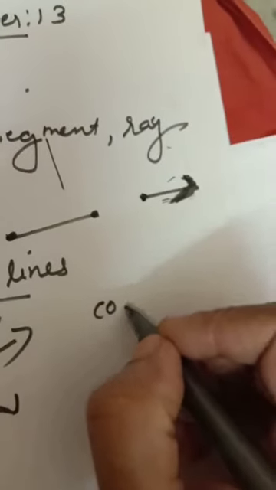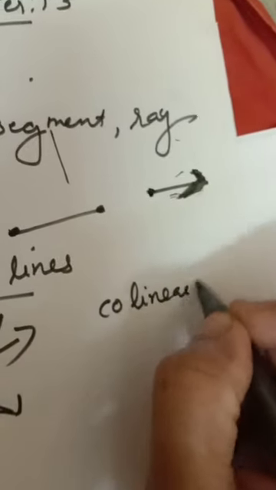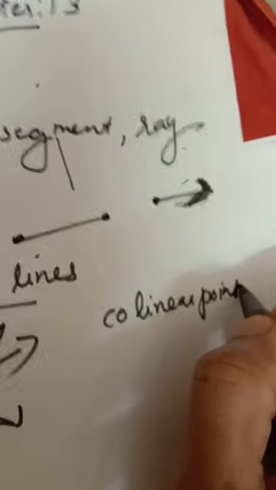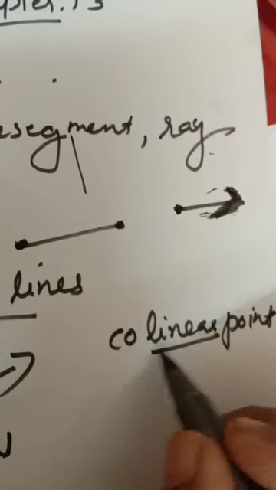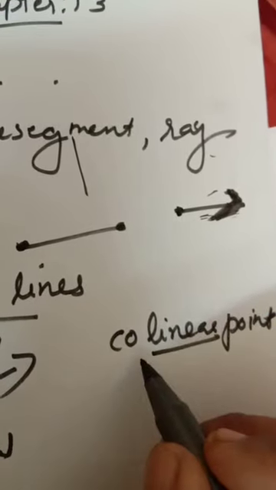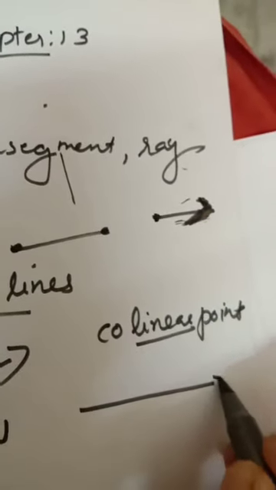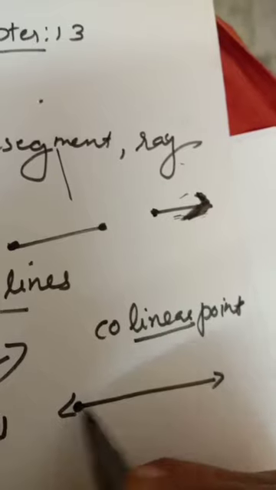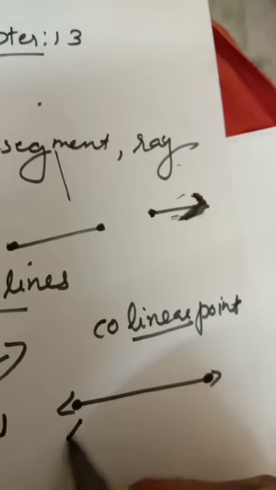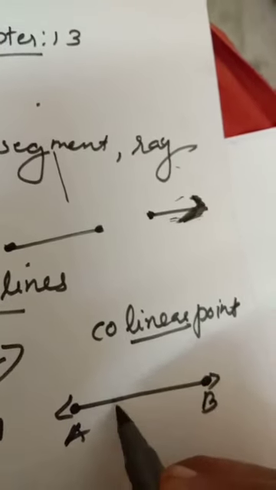Now, collinear points. Linear meaning straight. Co meaning pass. So, one line AB, straight line.